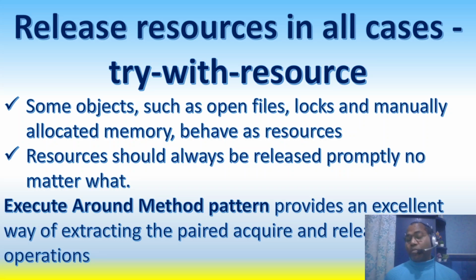You have opened the file and sometimes you are not closing those files, you are opening the database connection and not releasing it, you are acquiring the lock for a particular object but not releasing the lock. In this situation, when your application is running, many times we face out of memory problems. So Java has given an inbuilt utility.